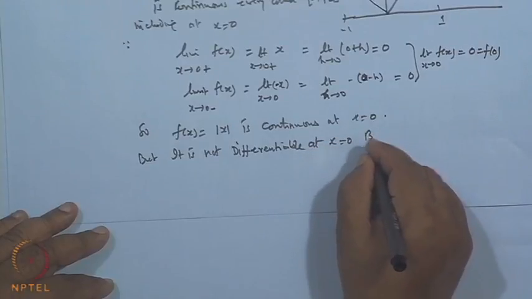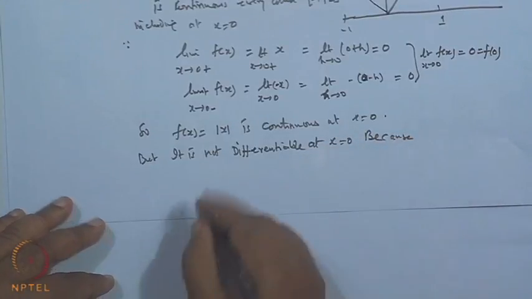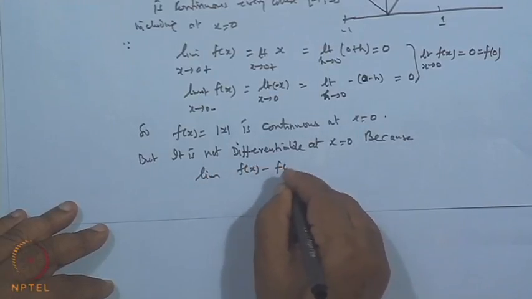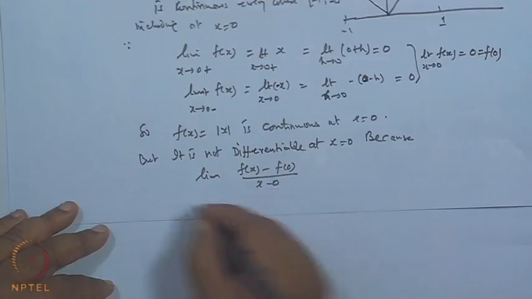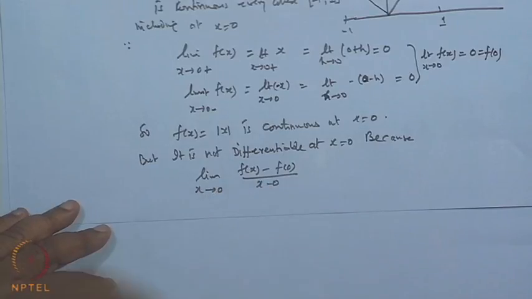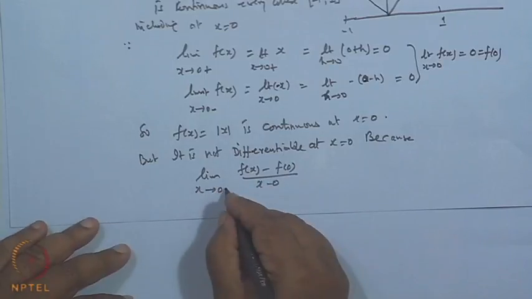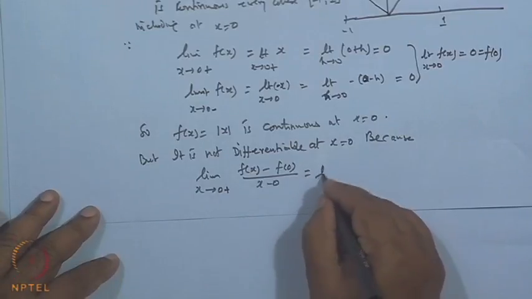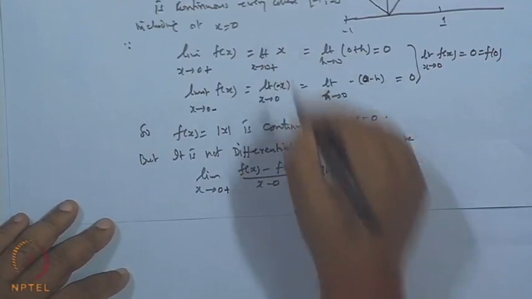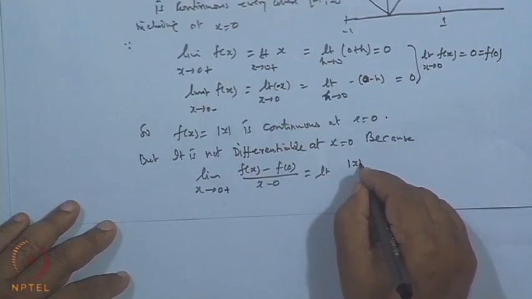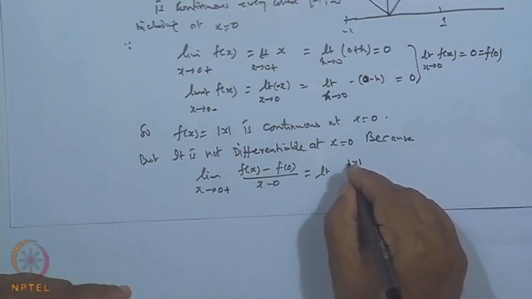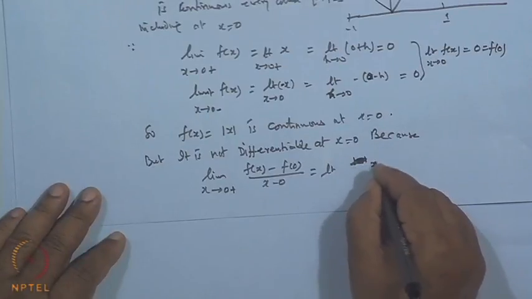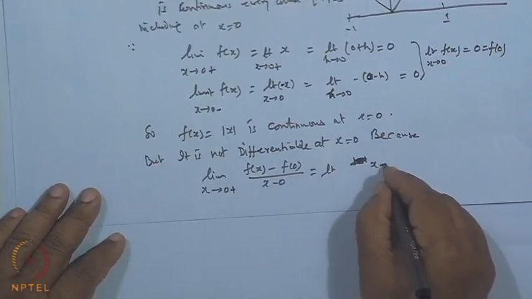The reason is, if we find the limit of (f of x minus f of 0) divided by (x minus 0) as x tends to 0 from the positive side, what do we get?